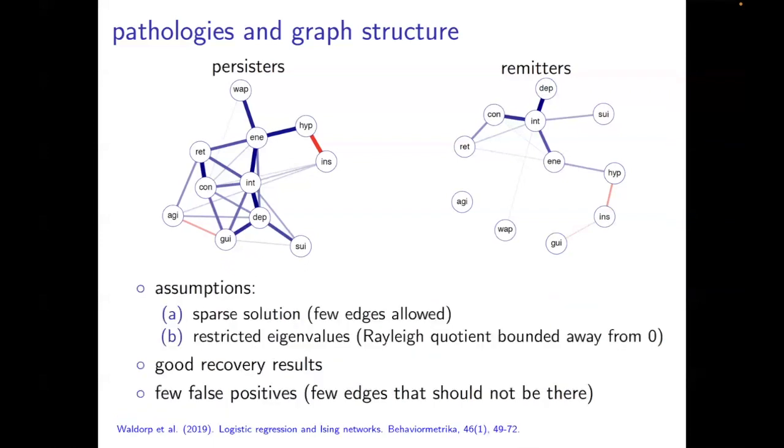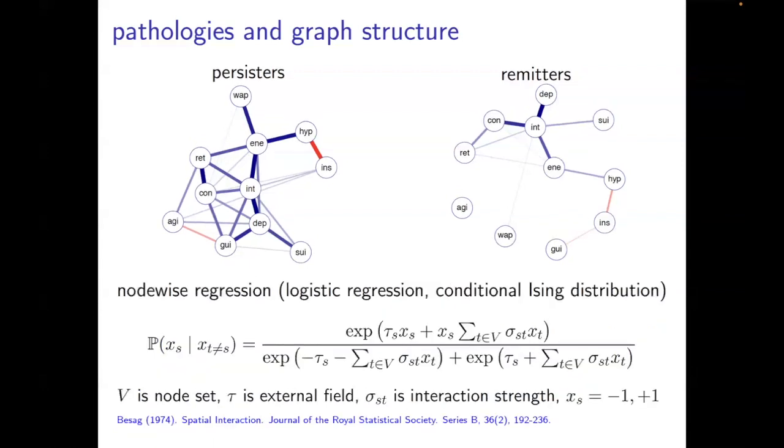And this external field is constant for every symptom, and also the couplings? No, they're not constant, so they can differ between each of the symptoms. You can have different external fields for each of the symptoms, so the effect of something external or genetics may be different towards each of the variables. This is a small difference from the magnetism version, because the Ising model there would have the same field.